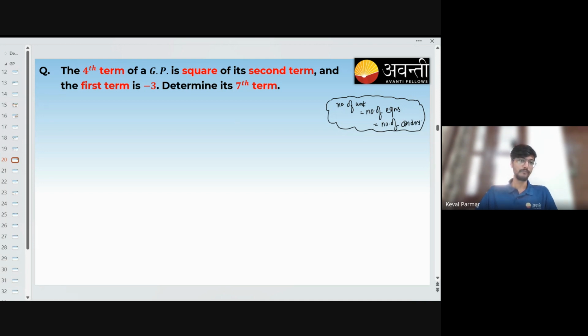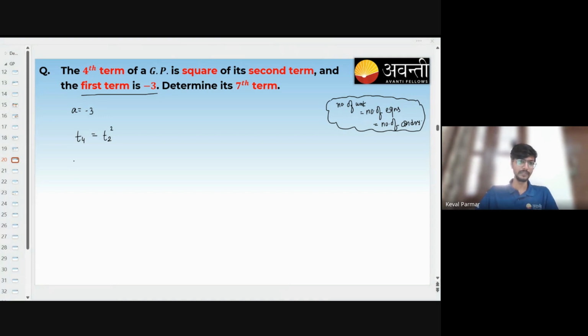So here, we have to find only A and R, so let's see the two conditions. The first one they have already given. First term is -3, so A is -3, and for R they have given that the fourth term is the square of its second term. It means T4 is equal to the square of T2. What is T4?